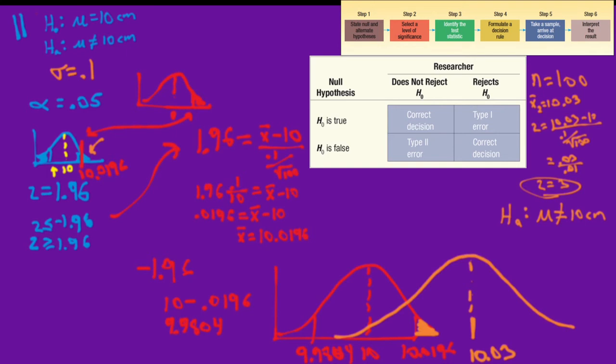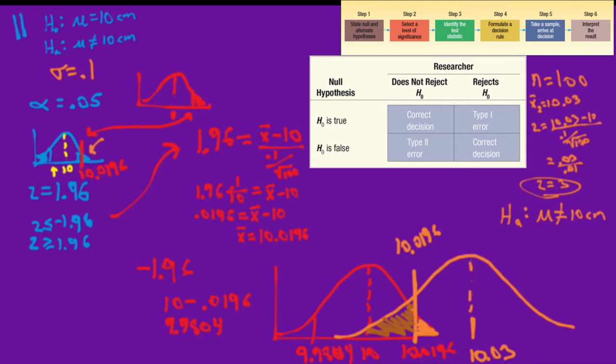So in that scenario, what we're really asking is, thinking about this cutoff line, 10.0196, in the scenario where the true population mean is 10.03, how often are we in this brownish area here?